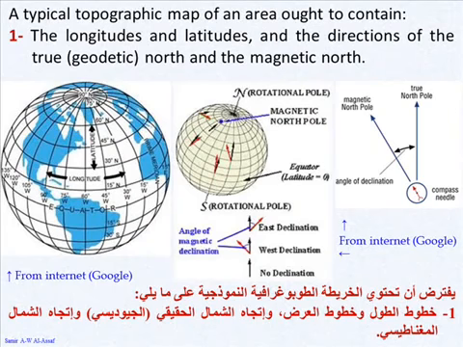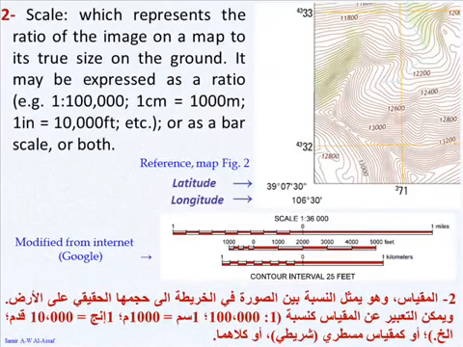A typical topographic map of an area ought to contain: 1. The longitudes and latitudes and the directions of the true, that is to say, geodetic north and the magnetic north. 2. Scale, which represents the ratio of the image on a map to its true size on the ground.